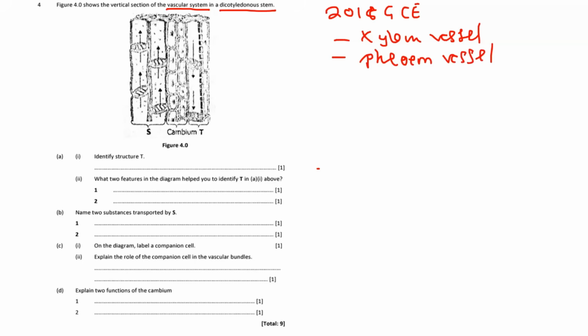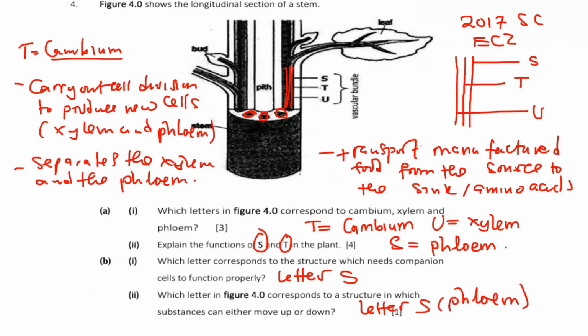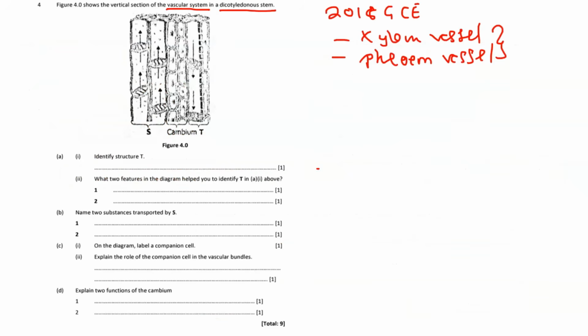Where we are coming from, we answered a question, and it's very important to go back and look at the question: which letter represents the structure in which substances move either up or down? In the phloem, substances can move up or down. But since we are talking of the vascular system here, we know that one is a phloem, the other one is a xylem.